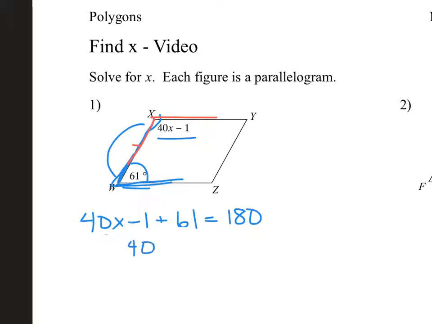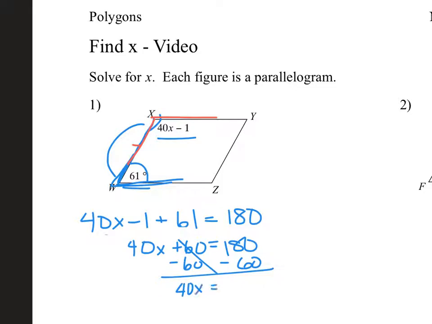All we're doing here is finding x. So combine like terms, get the letters to one side, the numbers to one side, and then when we divide here, x is 3.